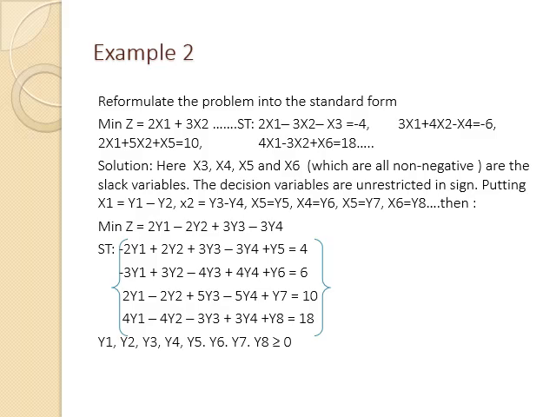Example 2. Reformulate the problem into the standard form. Given min z equal to x1 plus 3x2, subject to 2x1 minus 3x2 minus x3 equal negative 4, 3x1 plus 4x2 minus x4 equal negative 6, and 2x1 plus 5x2 plus x5 equal 10.